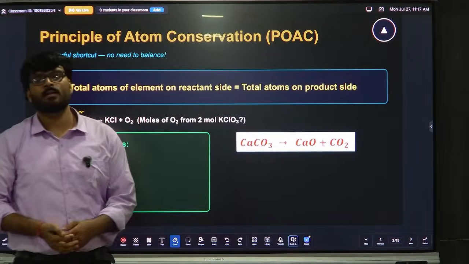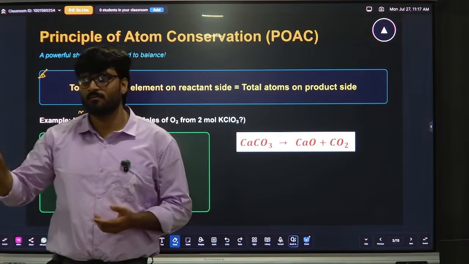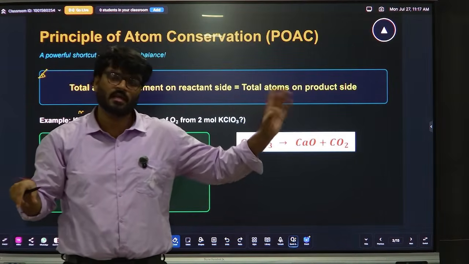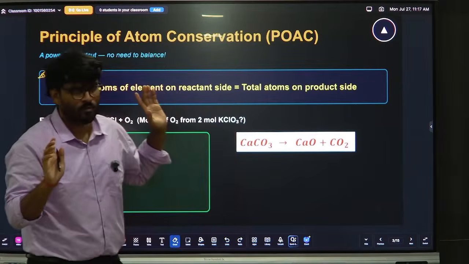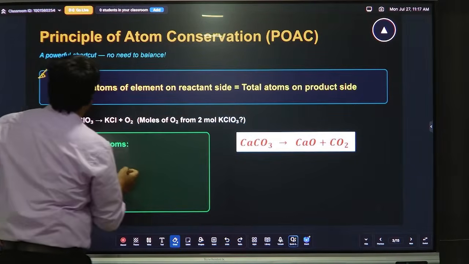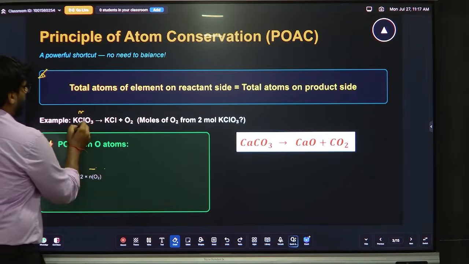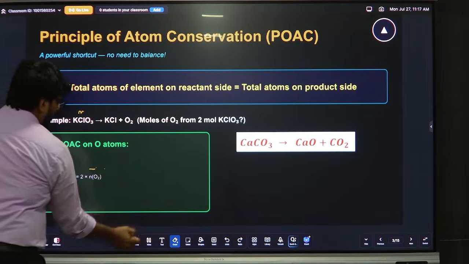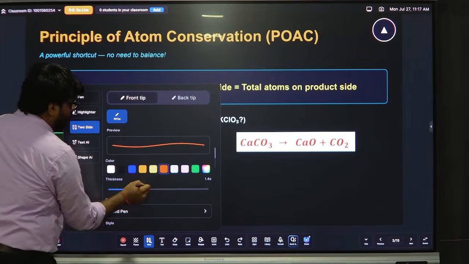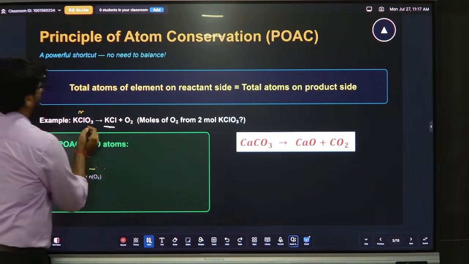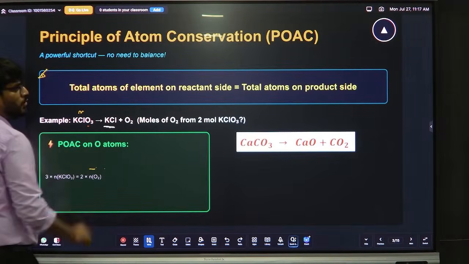That the number of atoms before the reaction will be equal to the number of atoms after the reaction. So reactants and products will have the same number of atoms. Simple. Let's say this is the example given here: KClO3 giving us KCl and O2.